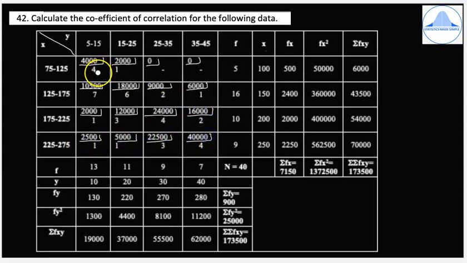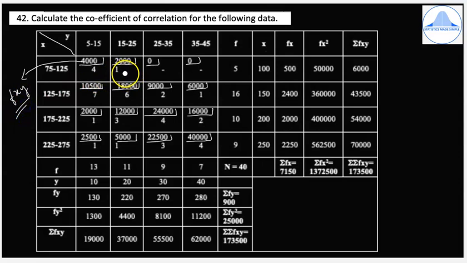So this is f, then multiply it by 100, that is x, and then multiply by the corresponding y value, which is 10. So this is f into x into y, which gives the value in the small cells.